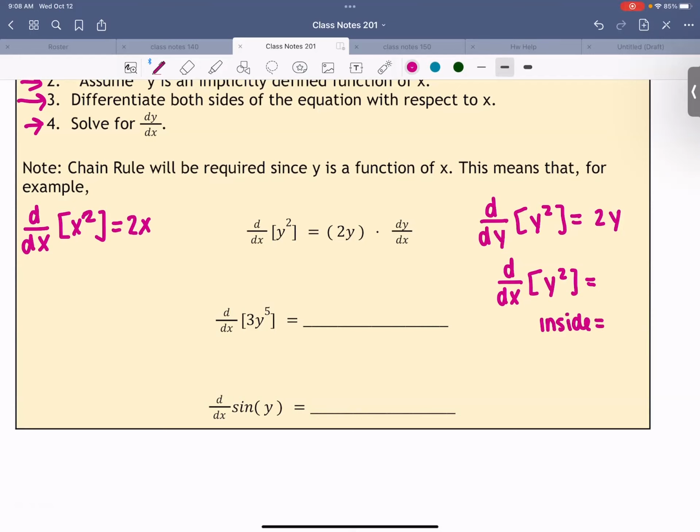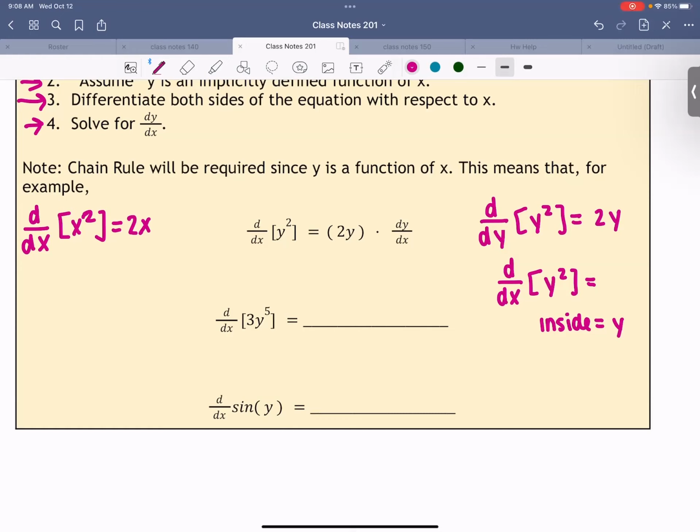What is the function on the inside? Not y squared, and not the 2, that's actually on the outside. Y is on the inside of this function. If y was, for example, 3x plus 2, then 3x plus 2 would be on the inside, and the square would be on the outside. Does that make sense?